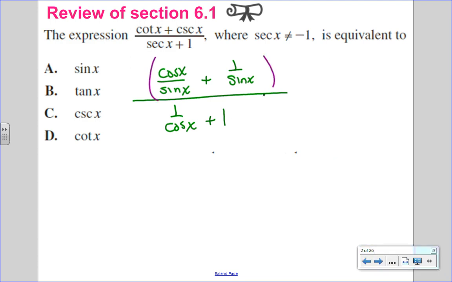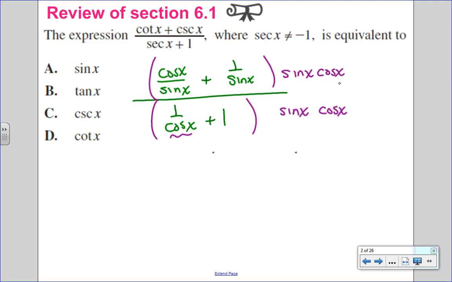In the numerator, to get rid of my sine x, I would multiply this by sine, and to be fair, I multiply this by sine. This gets rid of the denominators in my numerator, but in the denominator, I have this cos x I need to get rid of. So I'm also going to multiply top and bottom by cos x.